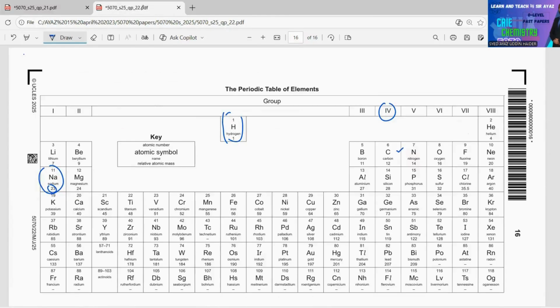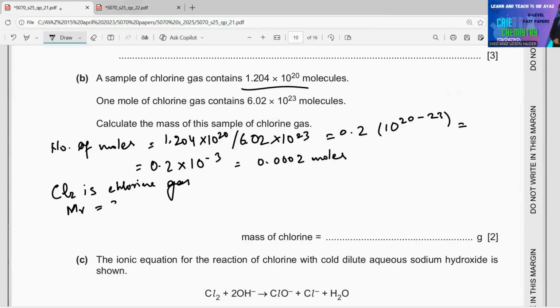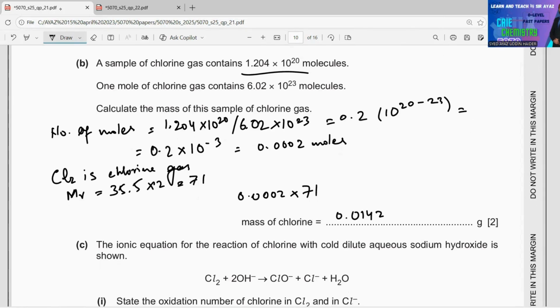If you look at the chlorine, mass is 35.5. So 35.5 multiplied by 2, what we will get? We will get 71. So simply multiply 0.0002 by 71. What you will get? 0.0142 grams of chlorine.